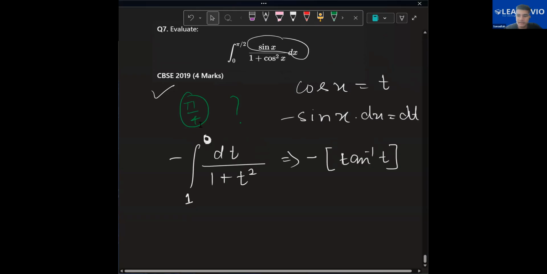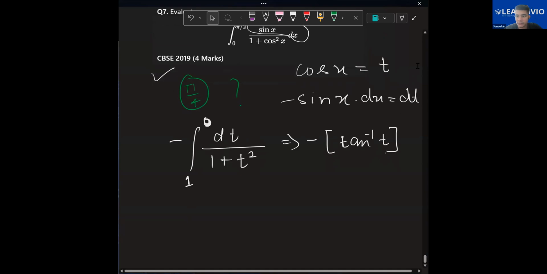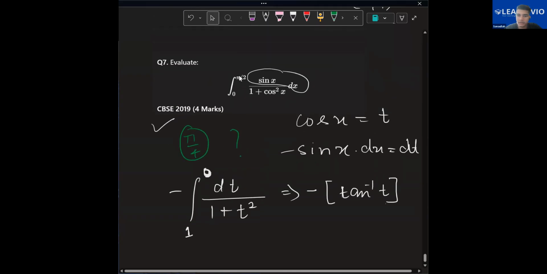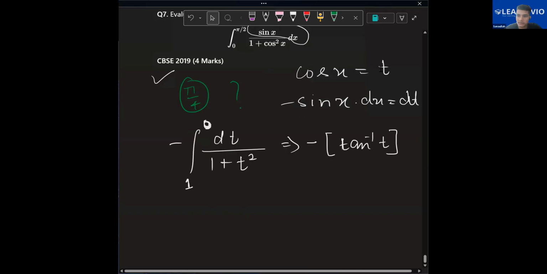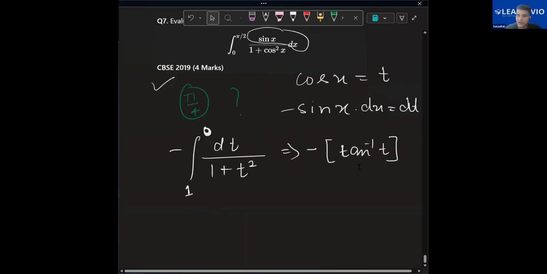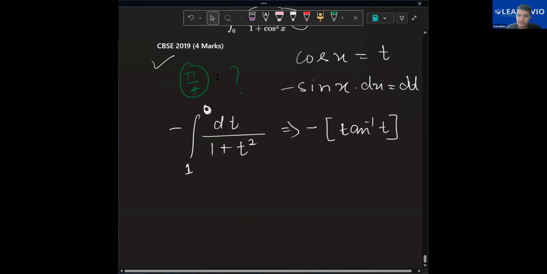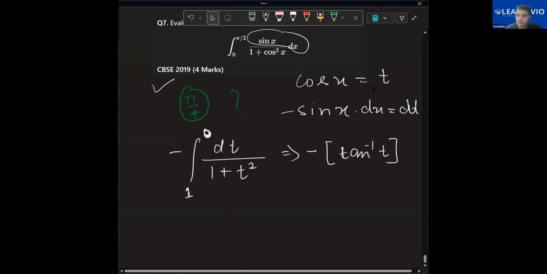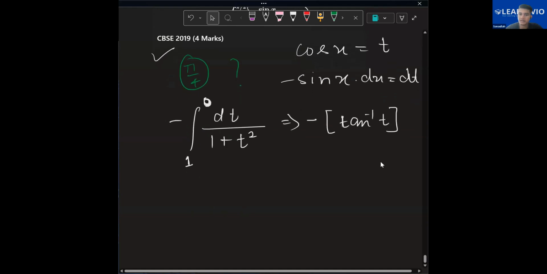So since my limits are changed, at the last I will not put this t back in my answer. मैं t दोबारा इसमें पुट करके लिमिट 1, 0 कर दूंगा, दैट इज गोइंग टू बी रॉन्ग। If you want your limits to be same then don't change your limits, just go with the solution and at last just substitute your t back and with the same limit you can solve. But अगर आपने लिमिट चेंज कर दी है then आप दोबारा t को इसमें पुट नहीं करोगे। ठीक है, ये समझ आ रहा है?